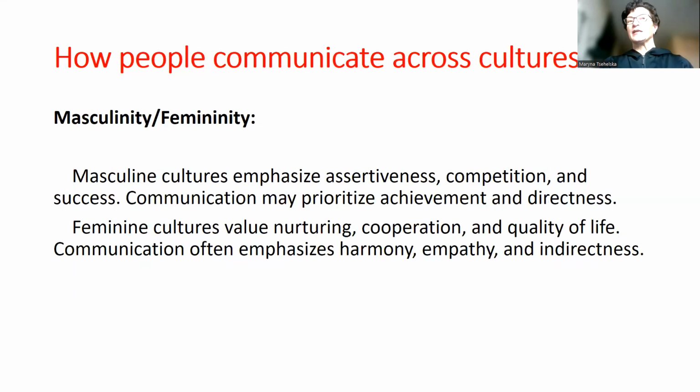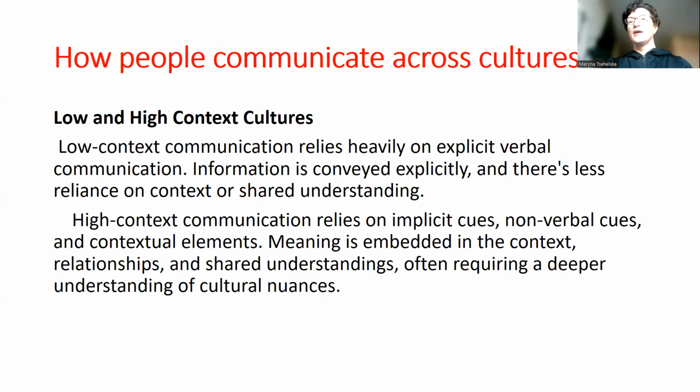People from masculine cultures can prioritize directness because they value achievement, while people from feminine cultures will be focused on indirectness, harmony, and empathy because, again, they value the quality of life.